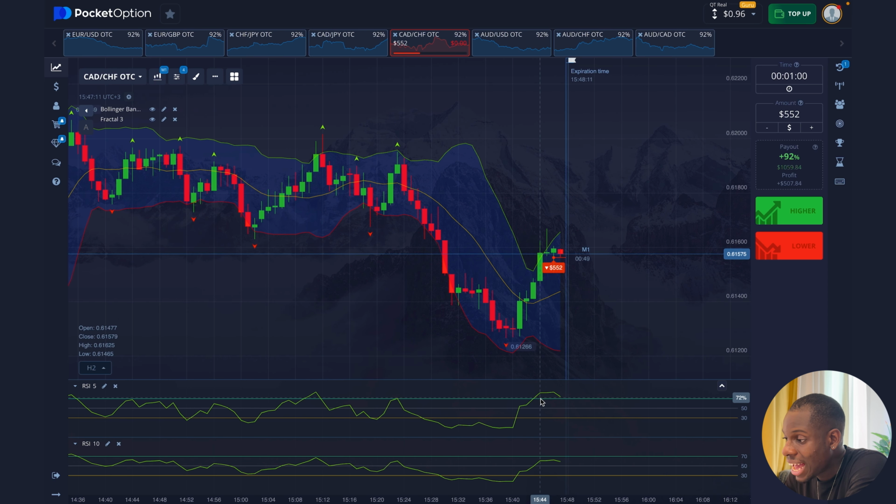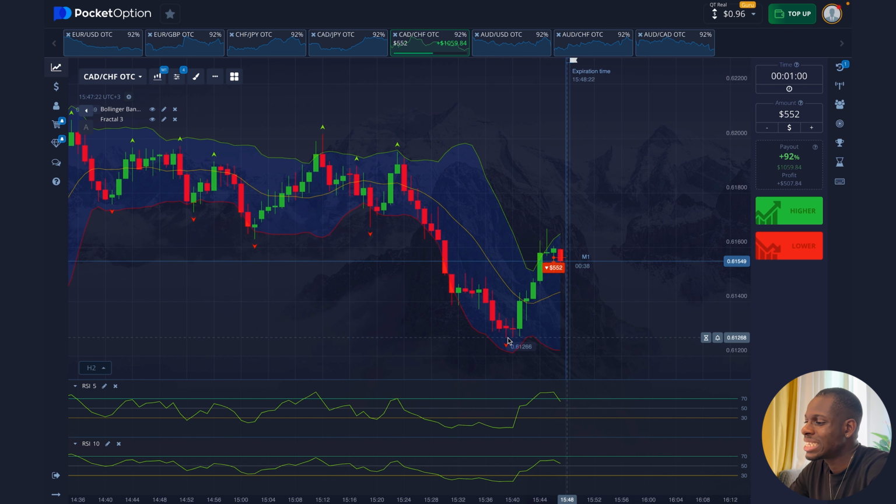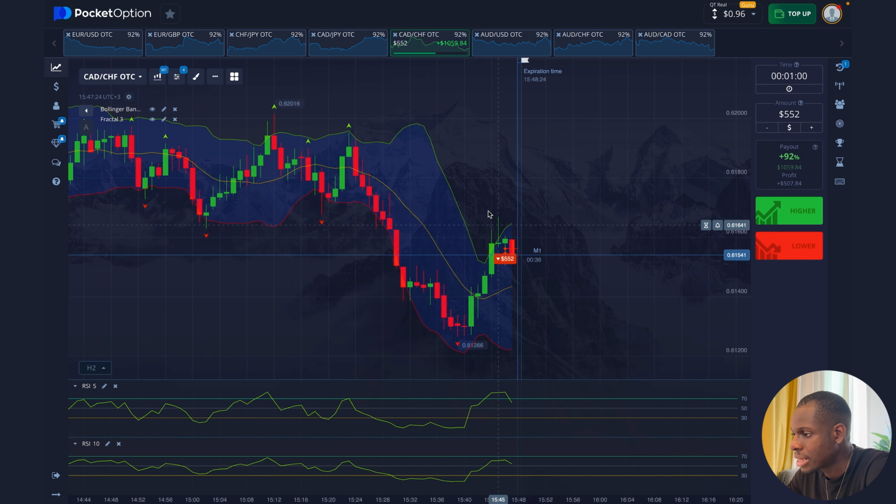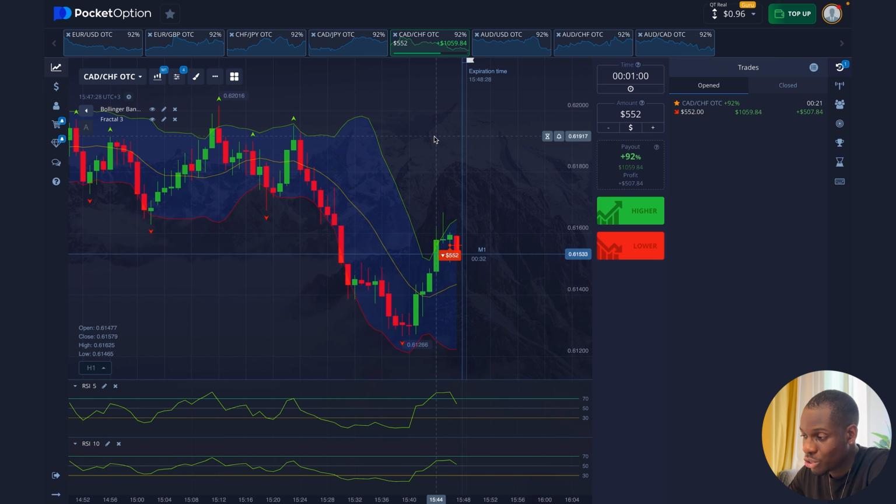Now the RSI is also gradually exiting the overbought area, as you can see clearly. Both of them are exiting the overbought area, which is signaling a reversal in dynamics. So we should be getting a decent push downwards after touching the Bollinger Bands. RSI is giving us the overbought zone. We should be getting a decent push downwards, guys.